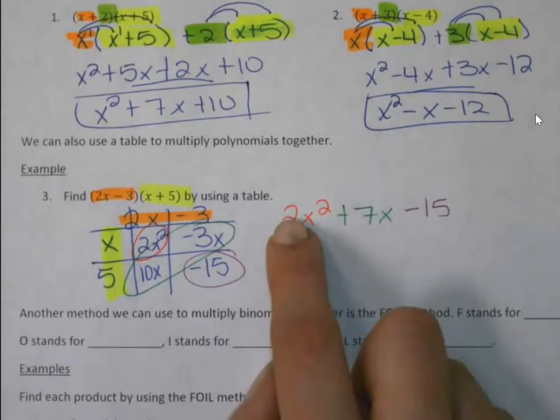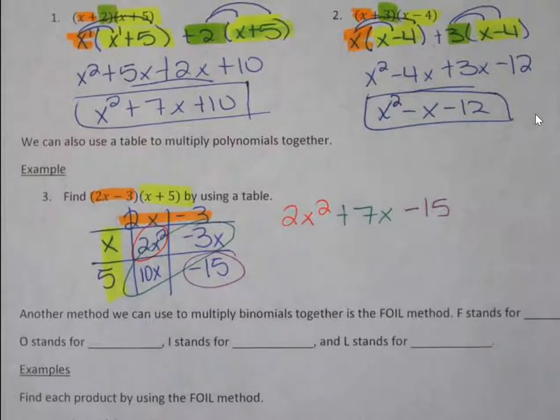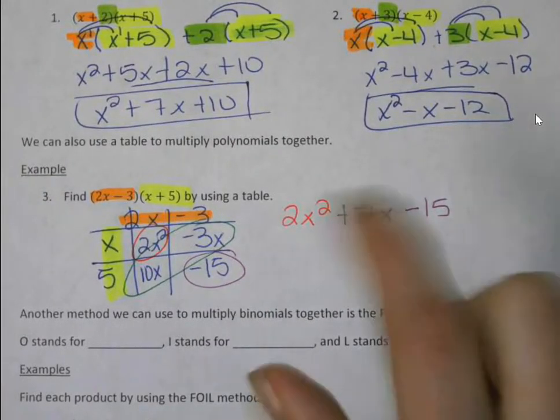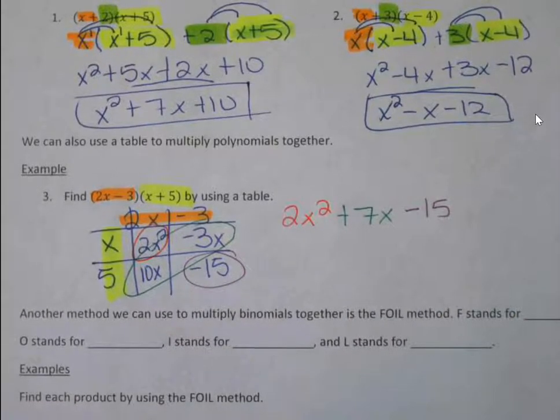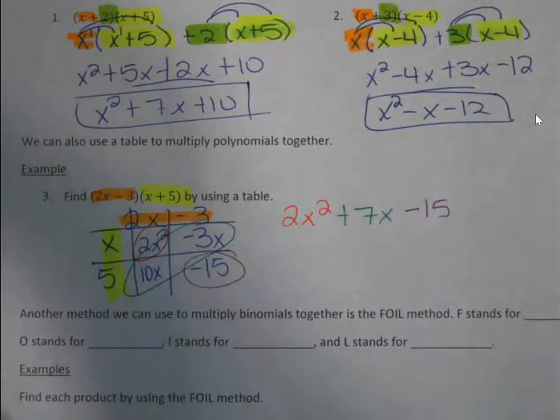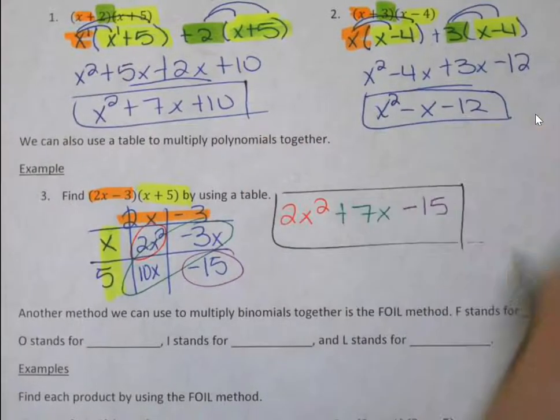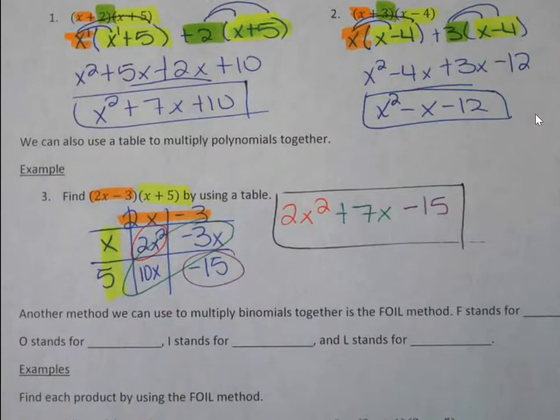How did I decide that one went first? It's always highest exponent to lowest. So the 2 goes before 1 and then before none at all. Any other questions on this method? Okay.